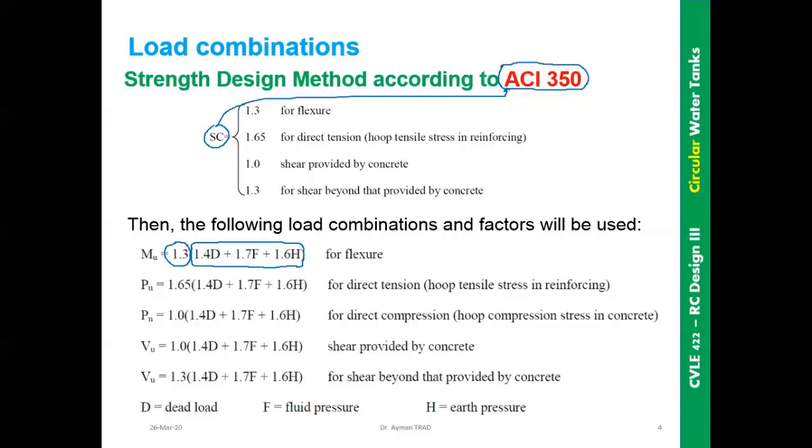So each time you design for moment, for example, you multiply the whole combination by 1.3; for ring tension by 1.65; for ring compression by 1; for shear by 1 if the member, like a wall or slab, has no shear reinforcement; and 1.3 if the member is like a beam or column where we can place shear reinforcement.